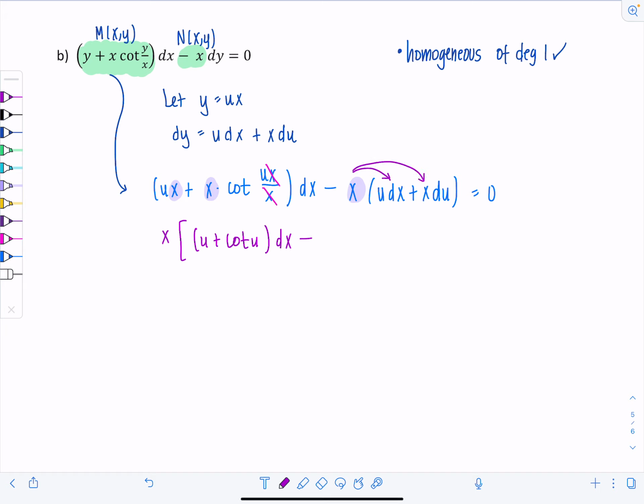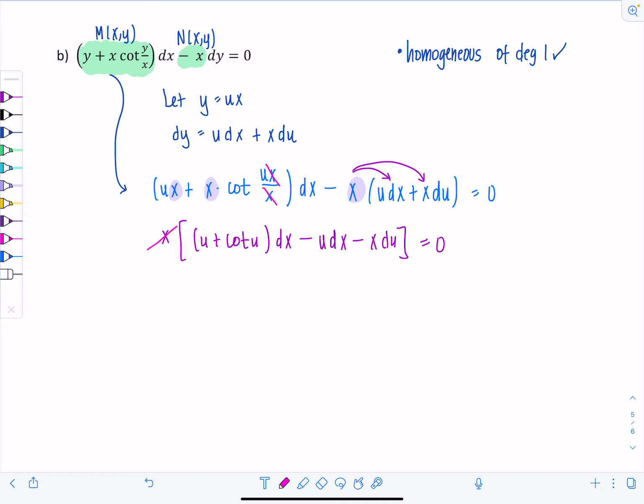And I factored that x out already, don't forget. u dx minus x du is equal to 0. Okay, canceling out the x there, assuming x is not 0. And in fact, it wouldn't even be a solution to the initial differential equation because it wouldn't make it undefined. So we don't have to include that this time.